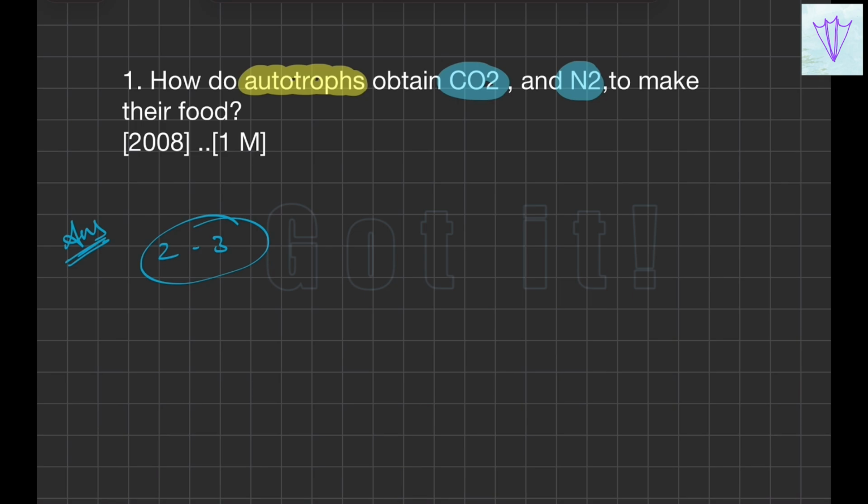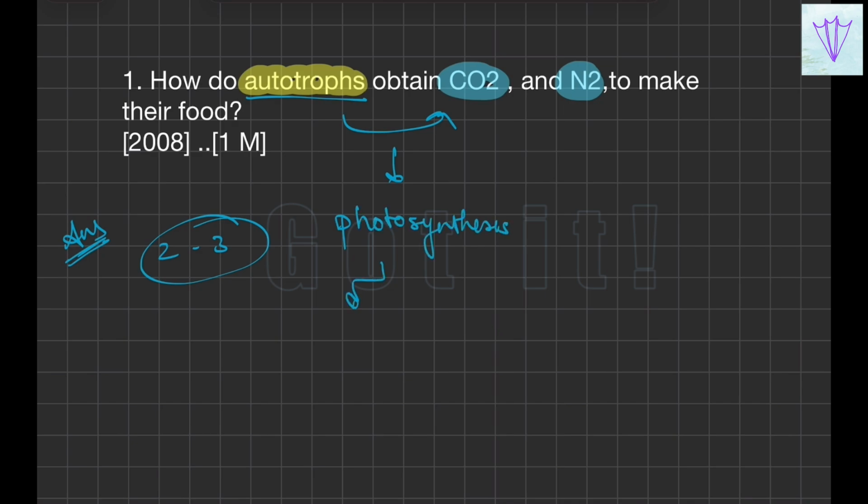So basically they asked, how do autotrophs obtain CO2? We all know that autotrophs obtain CO2 through the process called photosynthesis.